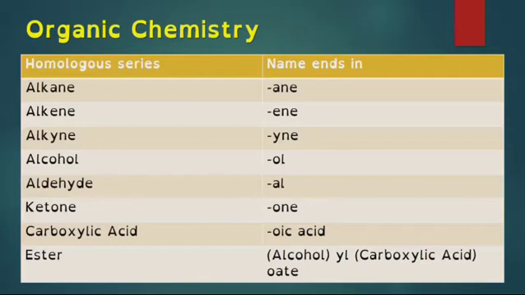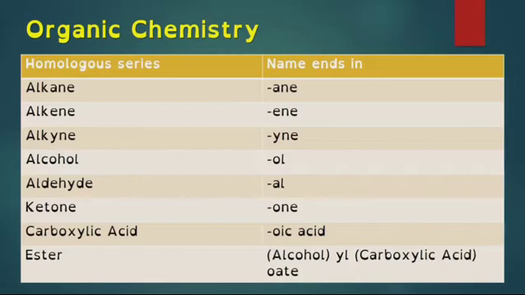If we only see single bonds between carbons and we only have carbons and hydrogens, we add -ane to the end. For alkenes, -ene, and for alkynes, -yne. Those make perfect sense to me because they are the end of those homologous series names anyway.